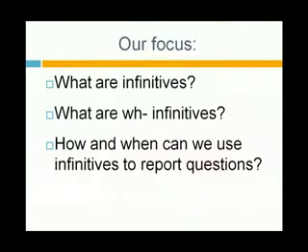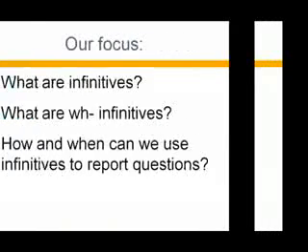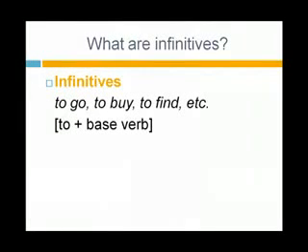In this lesson, we'll answer the following questions. What are infinitives? What are WH infinitives? How and when can we use infinitives to report questions? What are infinitives? Here are some examples. To go, to buy, to find.